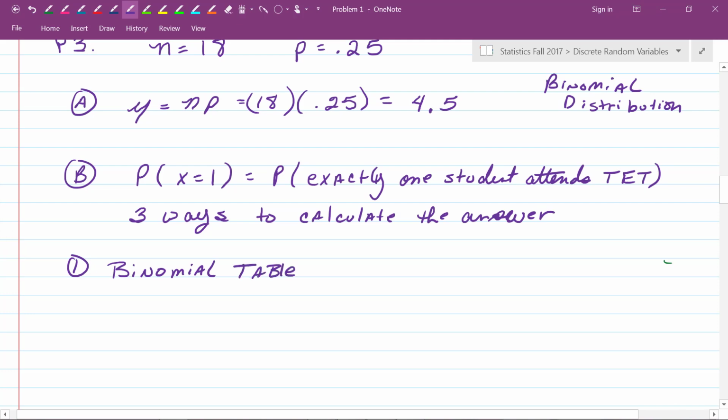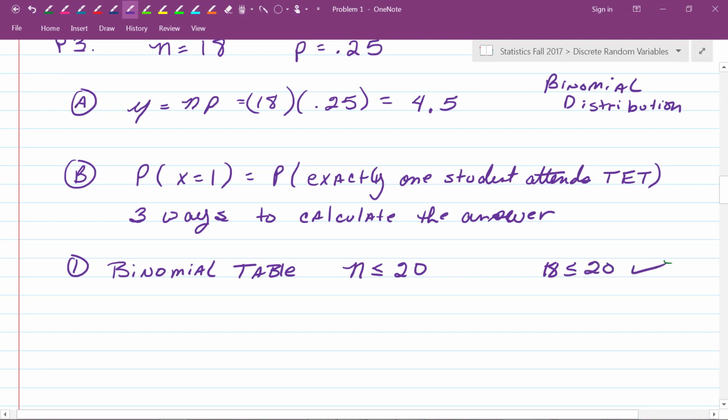We can only use that if our n is less than or equal to 20, because of the tables that we have provided for this class. Right now we have 18, which is less than or equal to 20, so we've got that met.